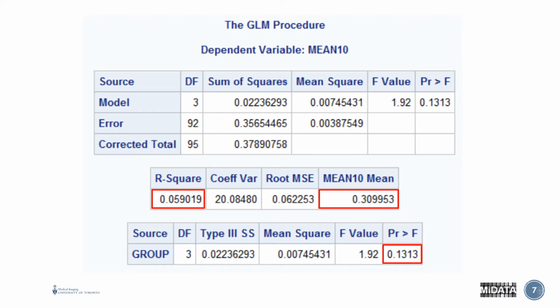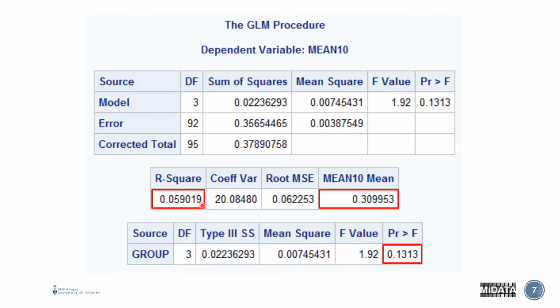Okay, here's our output. All of this is going to start to look a little familiar to you just because we've been analyzing the same data set quite a few times now. But if you look at your R-square, remember the R-square represents the amount of variability in your dependent variable that is accounted for by your model. In this case, it's about 6%, so 5.9%, which is very low.